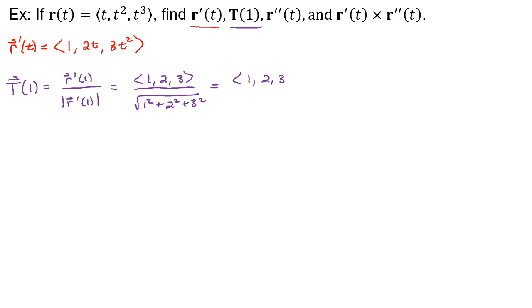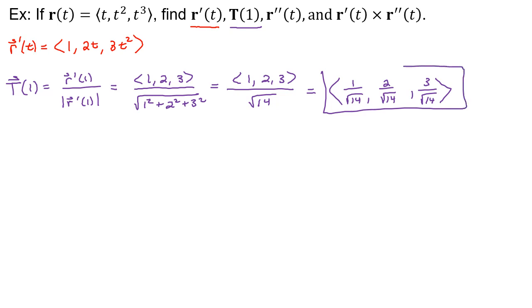Divided by, 3 squared is 9, 2 squared is 4, so that's 13, and 1 more makes 14. So the square root of 14. If you want to leave it like that, you can. Or if you wanted to make it 1 over root 14, 2 over root 14, and 3 over root 14, that works as well. But that would be your unit tangent evaluated at 1.